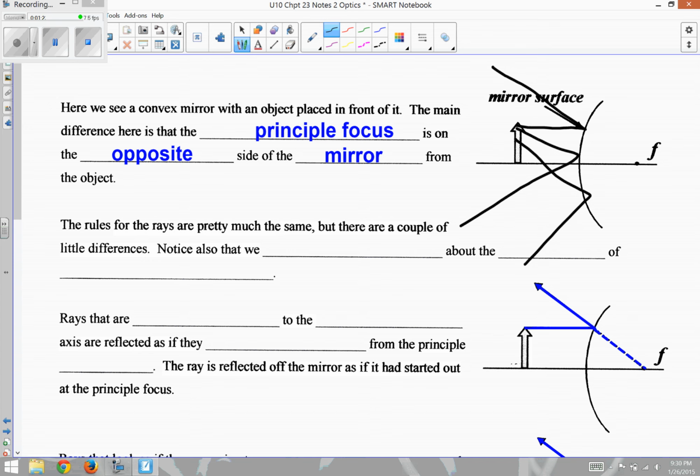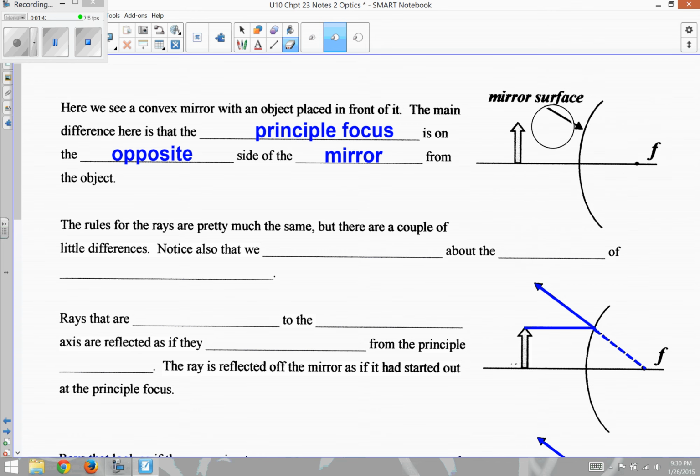If the light could actually get through the mirror, it would focus in on this point, and all the rays would go to that point, essentially. So that's why the principal focus is on the other side of the mirror.